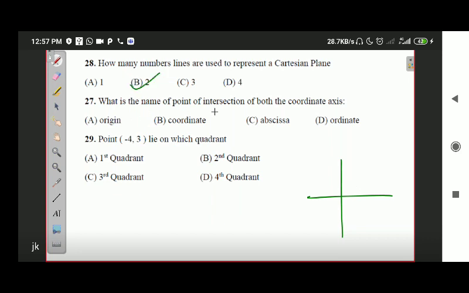What is the name of the point of intersection of both the coordinate axes? We did it earlier also, the origin. The point (-3, 4) lies in which quadrant? The abscissa is negative and the ordinate is positive, so this is the second quadrant.